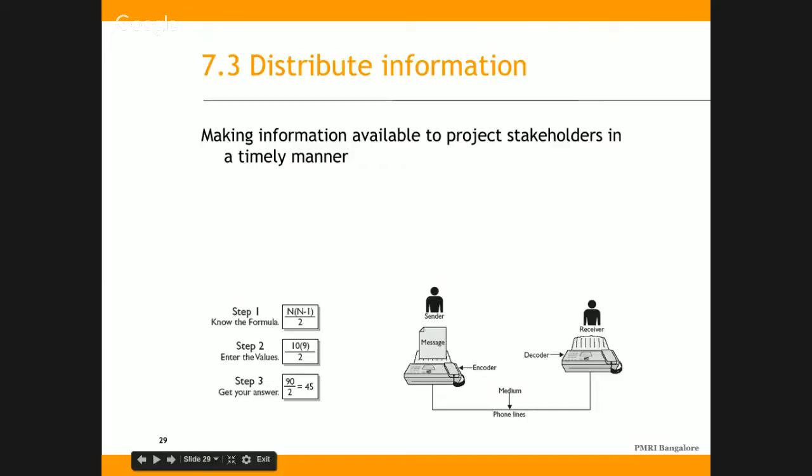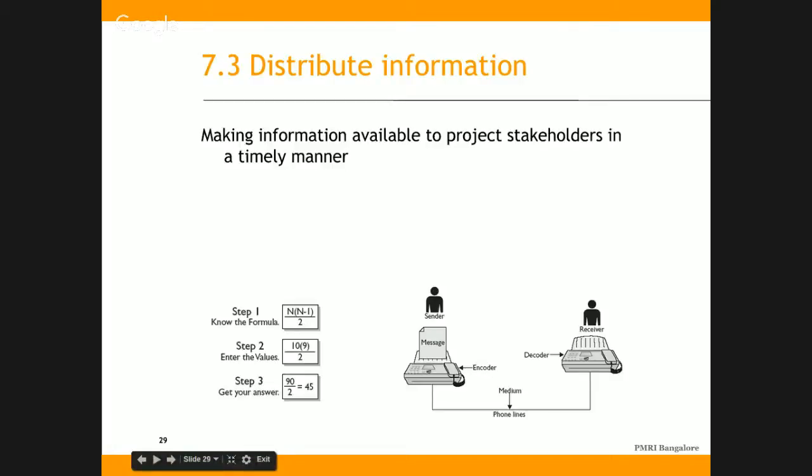Let's move on. Another key thing is distribute information, which is making information available to the project stakeholders in a timely manner. During planning itself, we discussed that if n is the team size, we have n into n minus 1 by 2 communication channels in the project. If you have a 10-member team, we have 10 into 9 by 2 communication channels.